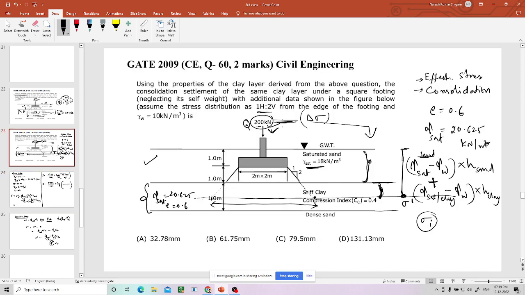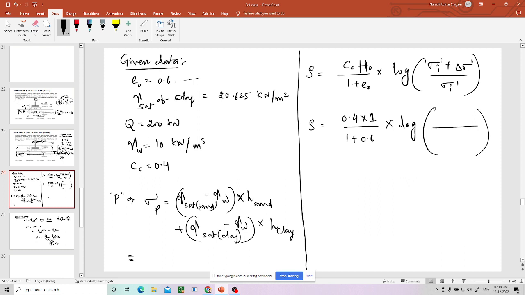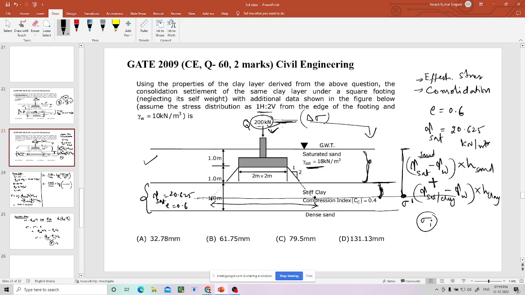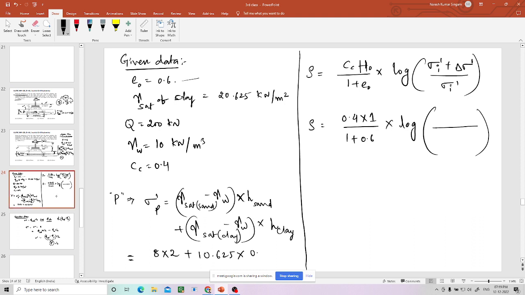See, gamma W is given 10, so 18 minus 10 is 8 multiplied by H. H is 2. Okay, 18 minus 10 is 8 multiplied by H is 2, plus gamma sat 20.625 minus 10. That means 10.625 multiplied by H is how much? Total is 1 meter. If you take about the midpoint, that is 0.5 meter. Okay, you do this 0.5.